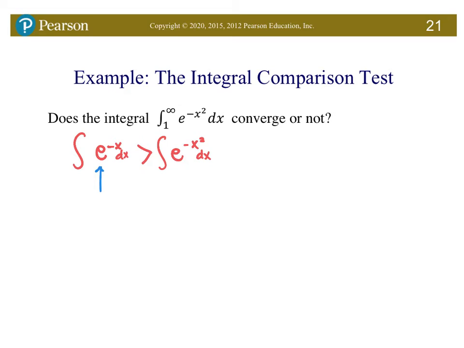This is the larger of the two functions. Okay, well, we can integrate that. We get negative e to the negative x plus c, going on bounds from 1 to b, and the limit as b is approaching infinity.